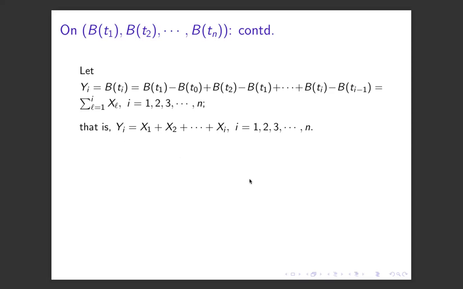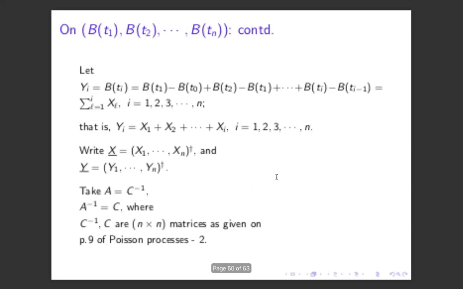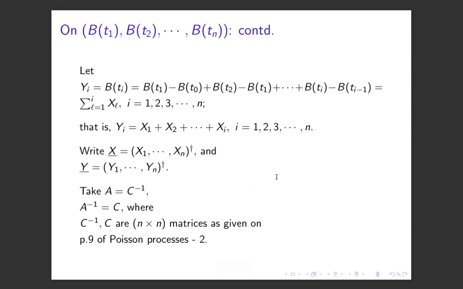Here we are coming the other way around. Anyway, before that, let me write the vectors. Underline x is the column vector (x1, x2, ..., xn), and underline y is this column. If you refer back to our Poisson process 2, page 9, you would see two n cross n matrices, C and C inverse.